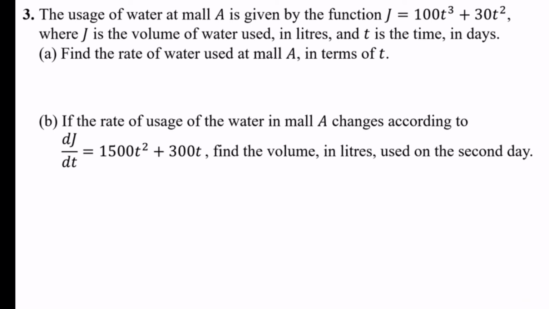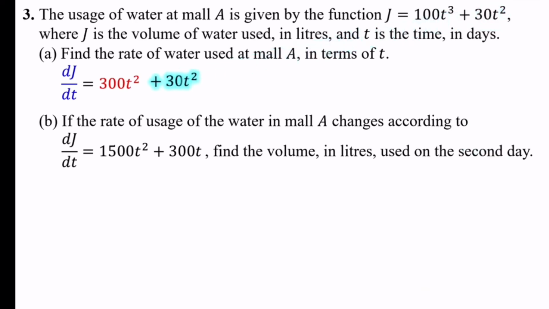Find the rate of water used at mole A in terms of T. So rate is always dJ/dt. We just differentiate, which will be 300 t squared plus 2 times 30, which is 60 t.